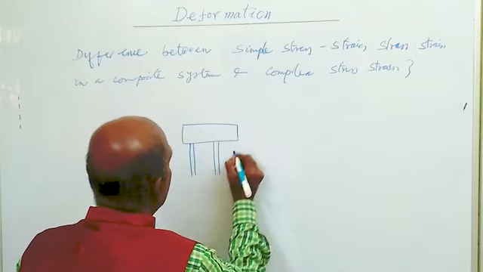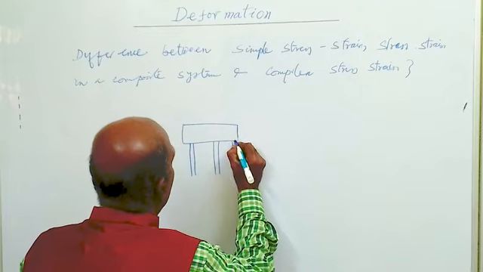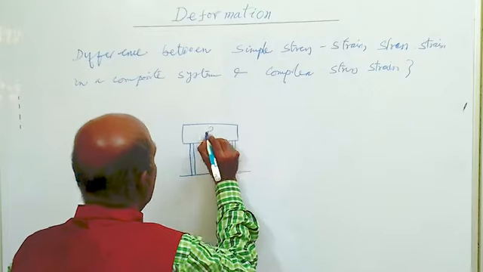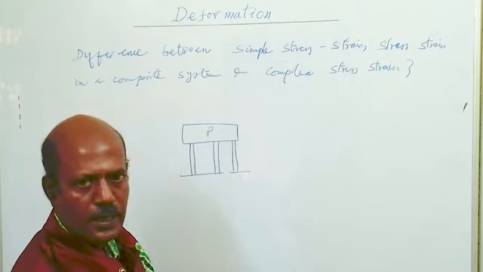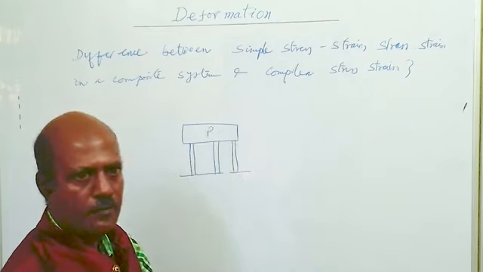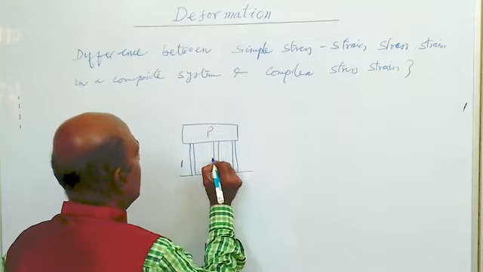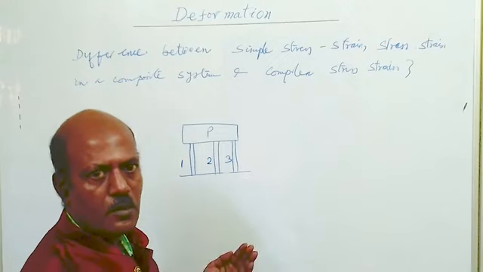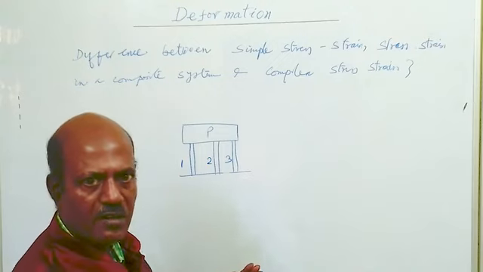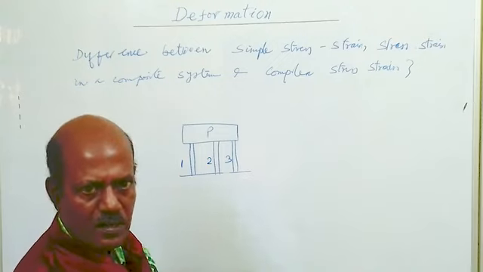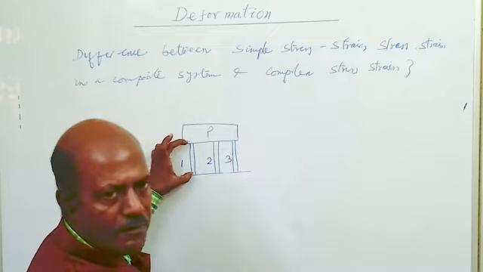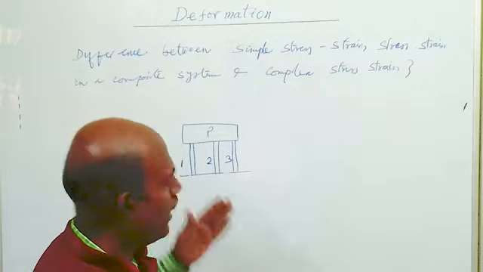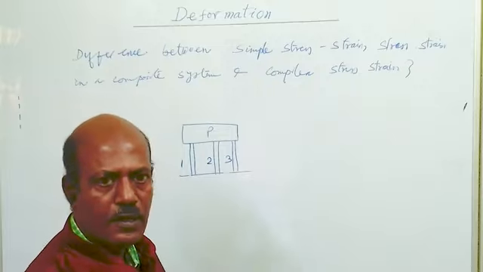It may be the same material, it may be different material. Let the total load P be a compressive load here, taken by bar 1, bar 2 and bar 3. That means the total load is shared by 3 members here. The length of the members may be the same, or different. Here the lengths of the members are the same.